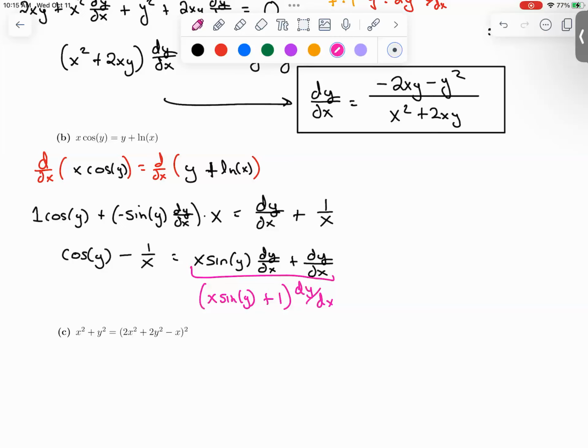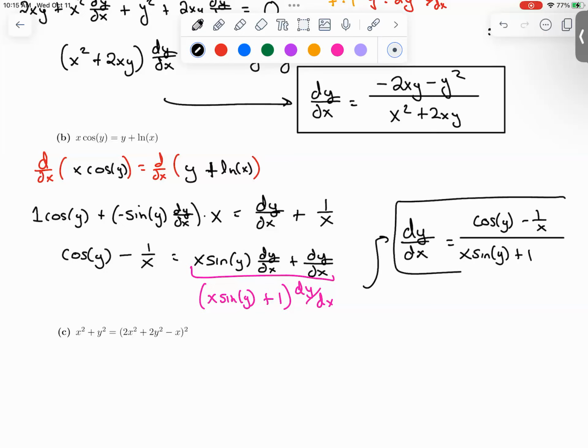And then dividing both sides by that to get the dy dx by itself gives us our answer, which is that dy dx is equal to cosine of y minus 1 over x divided by x sine of y plus 1. Whew.